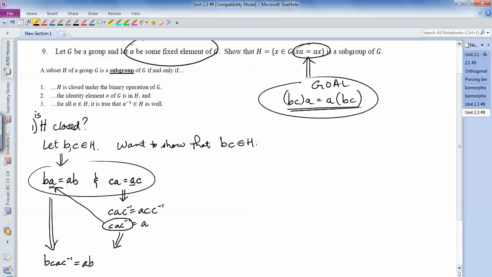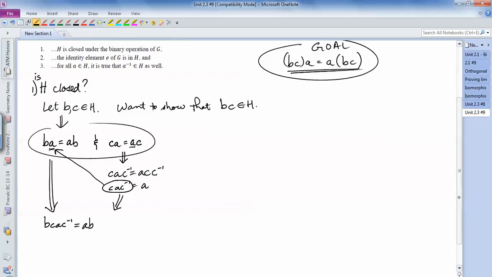All I've done is plug that into there. Do you guys see that, hopefully? Now I can manipulate this some more. I don't have any C inverse in the goal that I'm trying to get, so let me get rid of it again. BCAC inverse, let me multiply that by C on the right. So that's going to be AB times C on the right. And then this is going to turn into E, which multiplied by anything is the anything.